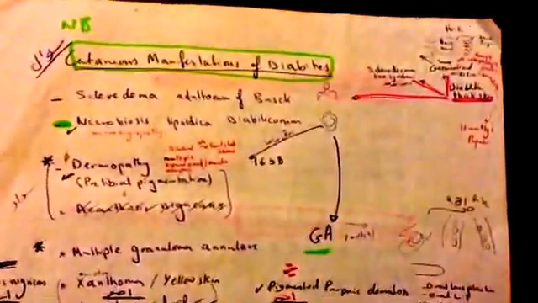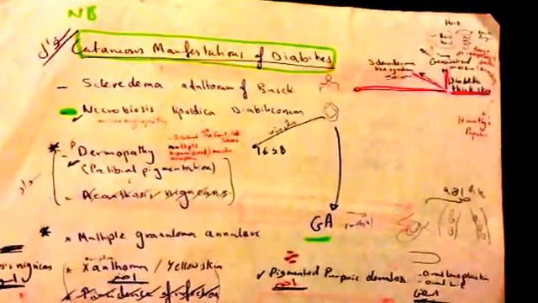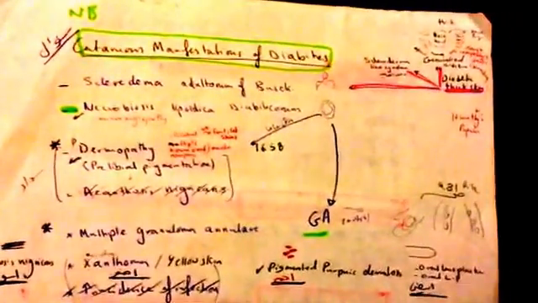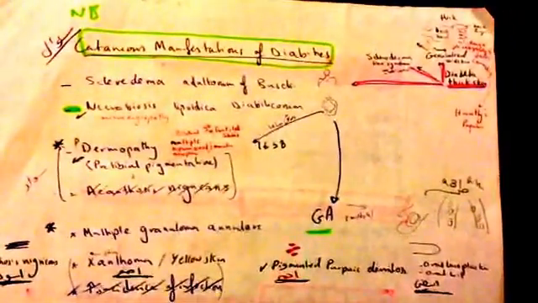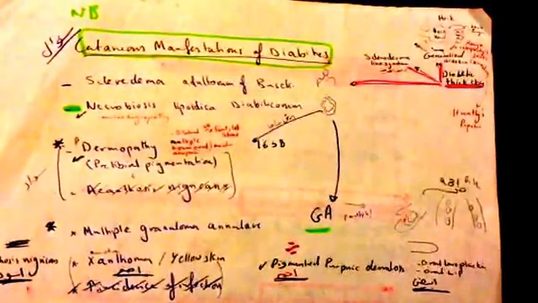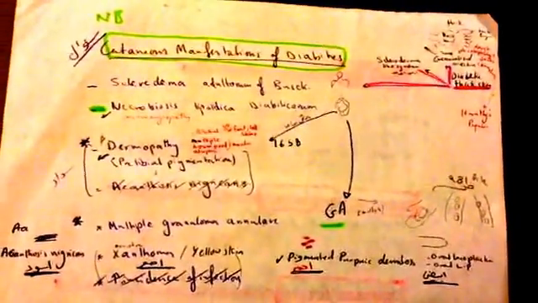Also, there is necrobiosis lipoidica diabeticorum, and there is granuloma annulare, which is usually multiple in diabetes, and there is the diabetic dermopathy, pretibial pigmentation, which is multiple brown oval atrophic macules on the front and lateral of the shins, which is bilateral.